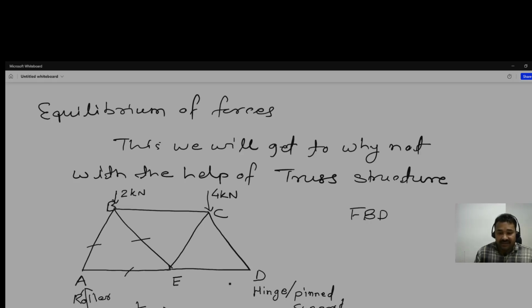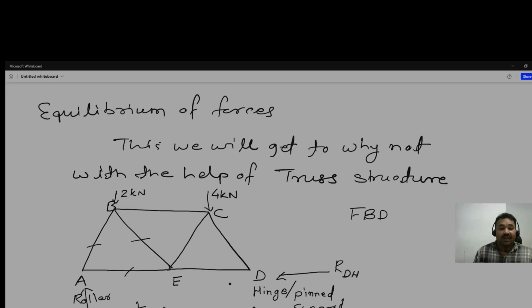And here the hinge support which supplies two reactions, either the vertical reaction RD and the horizontal, this is vertical.